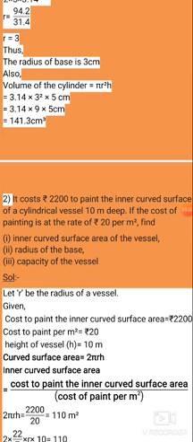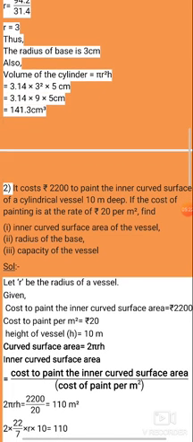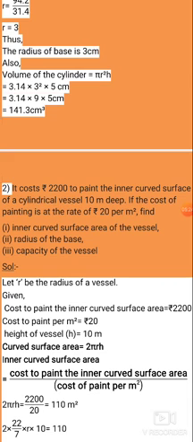Now listen carefully. Second question: the radius of the base we need to find out. So what is the equation of inner curved surface area? 2 pi rh. So 2 into pi, 22 by 7, into radius we need to find out, into height. Height is 10 meter deep. So into 10 is equal to 110.